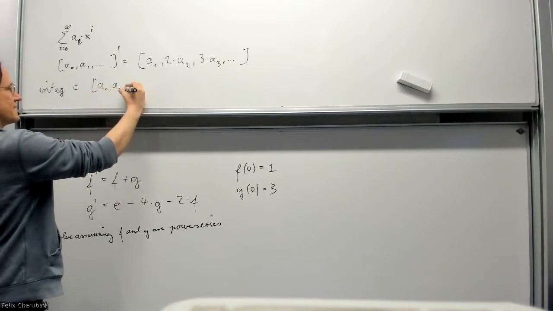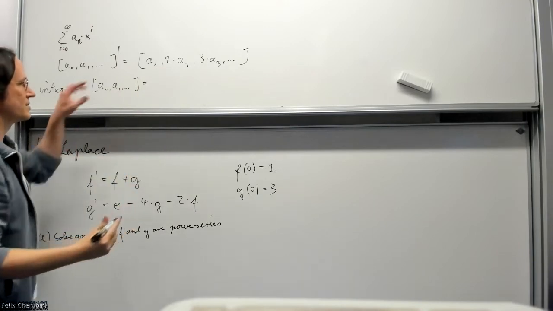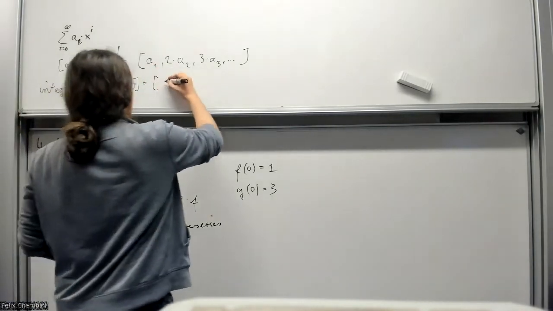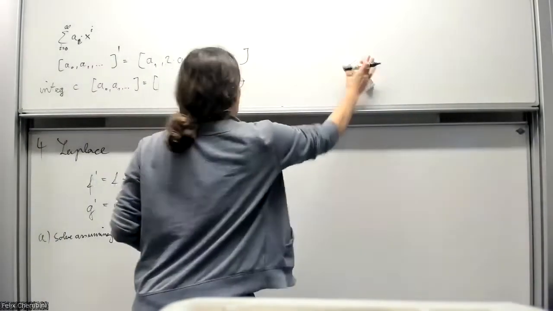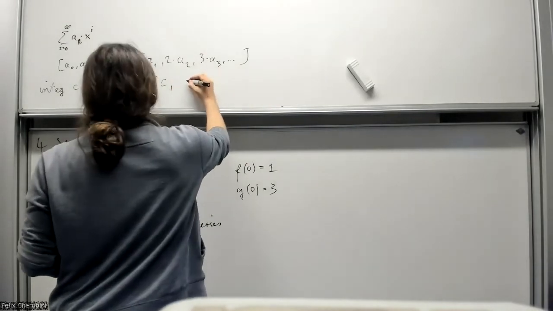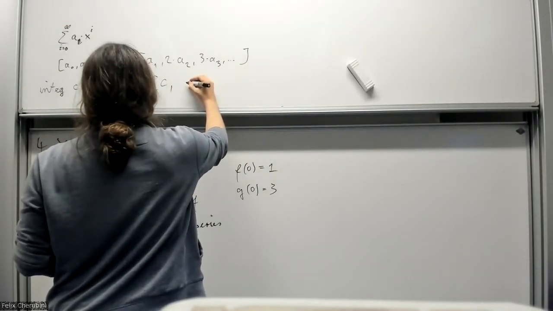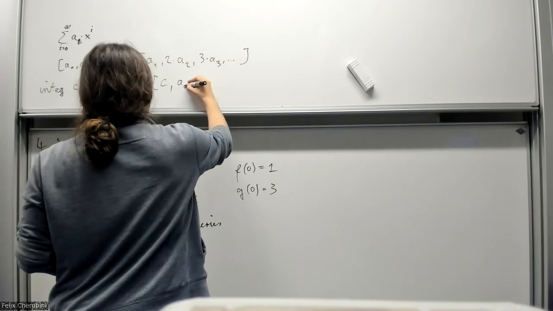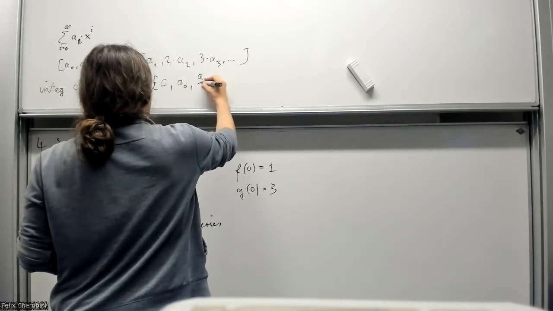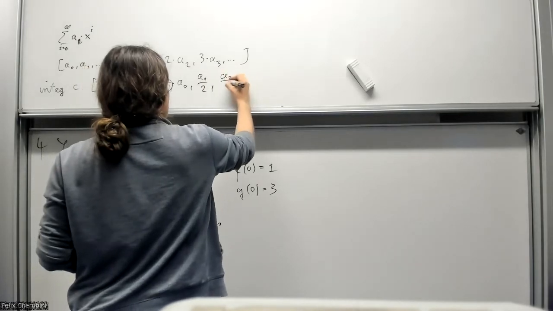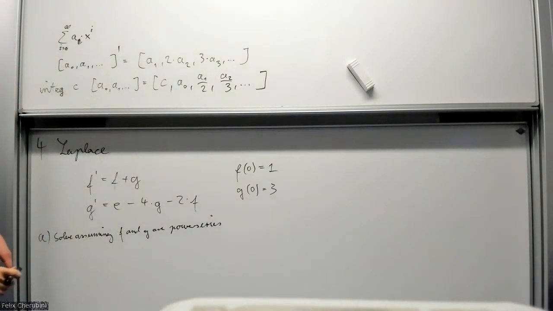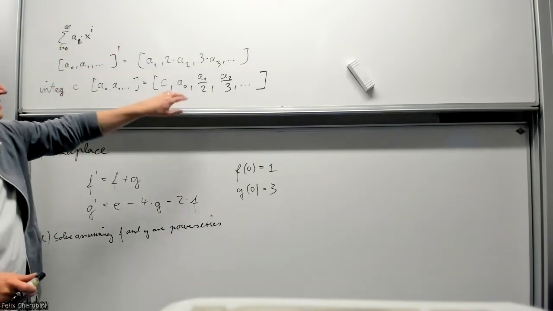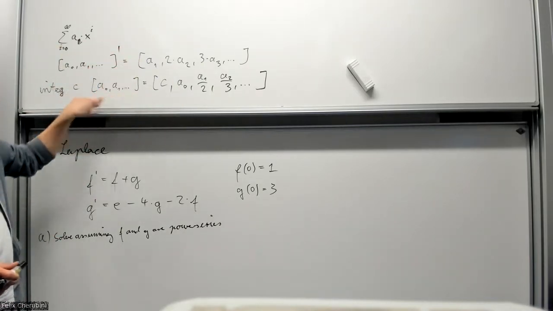It should be the inverse operation, so we put in a constant c here, and it's c, 1 times a0, a1 over 2, a2 over 3, and so on. And if I apply the derivative again, I get this one back.